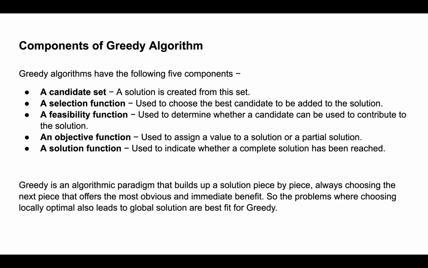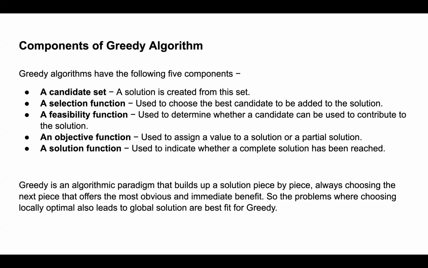Next is an objective function. Now, what is the objective function? It is used to assign a value to a solution or a partial solution. Here, while using greedy methods, we are working part by part.